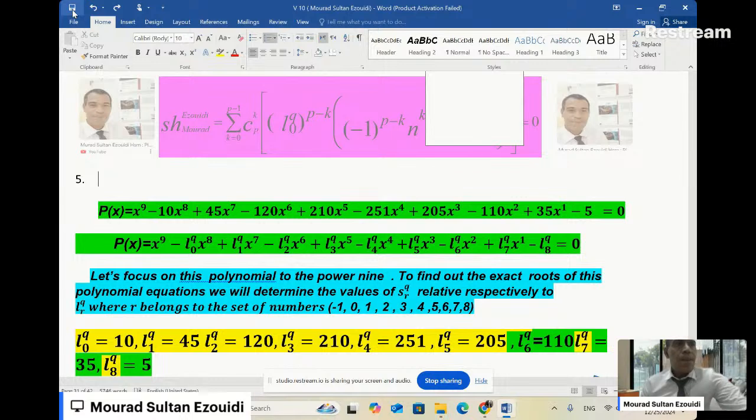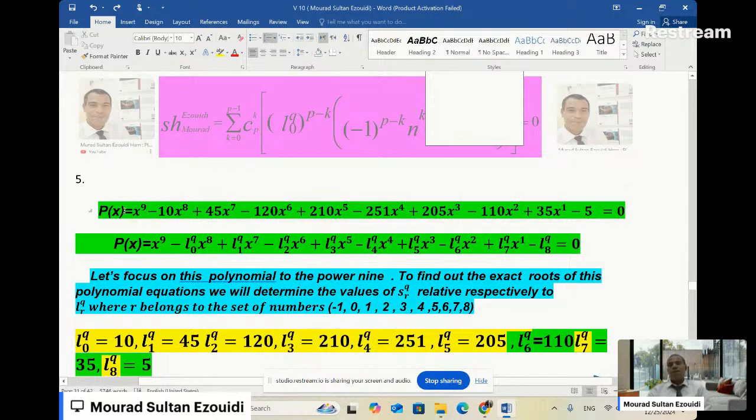So now my learners and my professors and my colleagues and my students. Here, as you see, it's a ninth degree polynomial equation, simply because the highest power is 9.